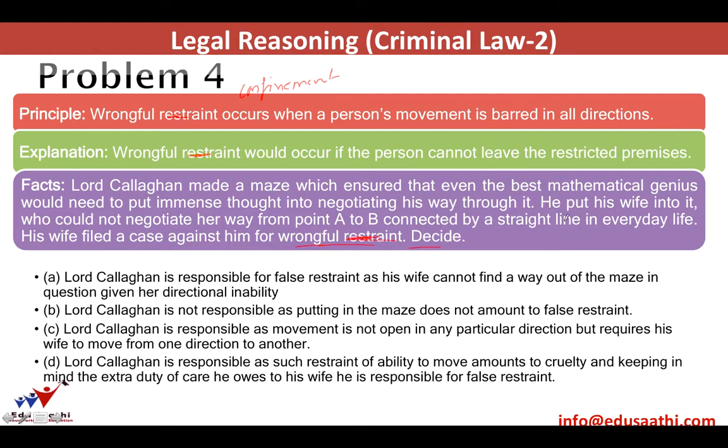The facts say that she has an inability to take directions. Since he knew that she had directional inability, even then he put her into the maze. So would it amount to false restraint or confinement in this case or not?